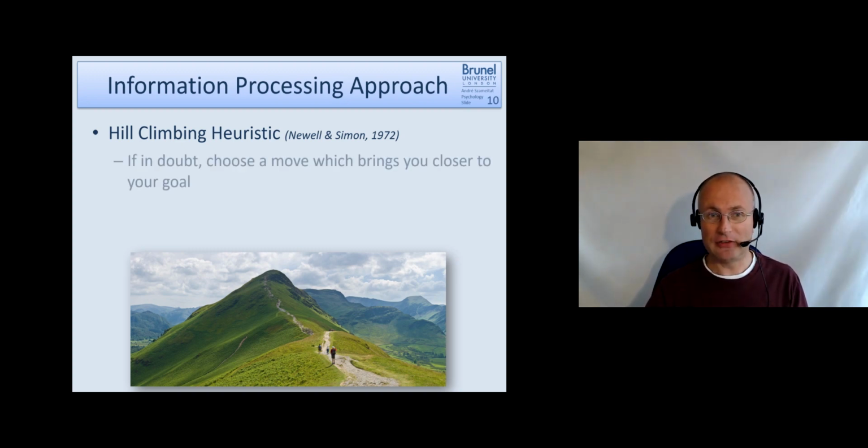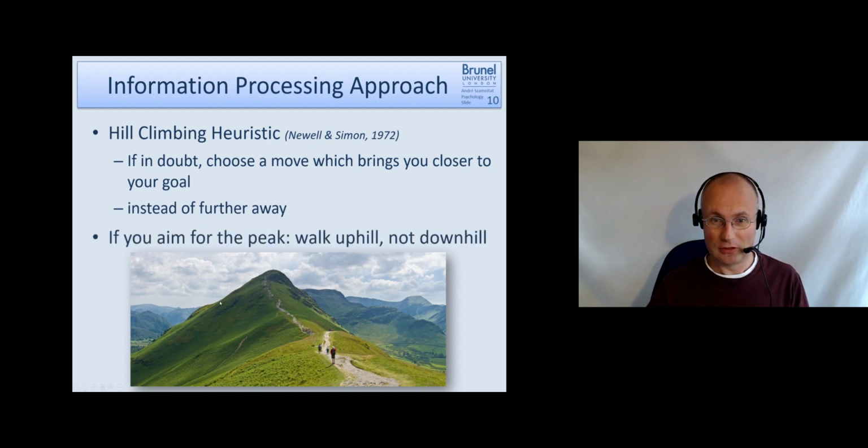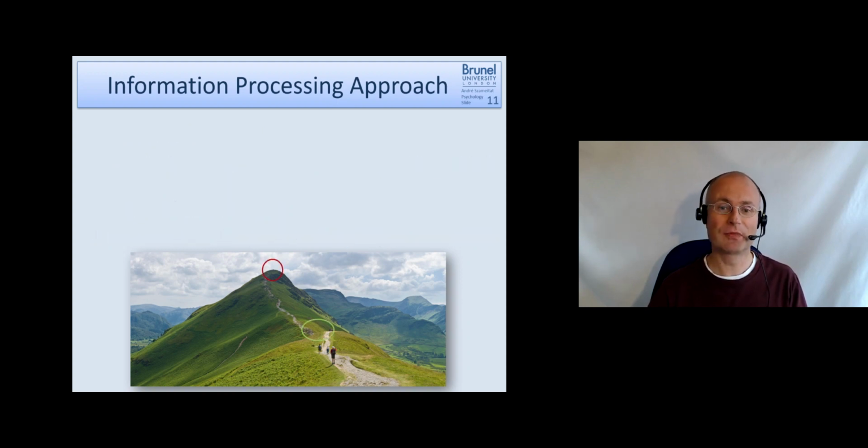It's a very simple and straightforward one, which says that if in doubt, choose a move which brings you closer to your goal. As simple as that. So if you can't think of anything else. So instead of going further away. So if your goal is to reach the peak of a mountain, then walk uphill, not downhill. And this often results in a fair solution.